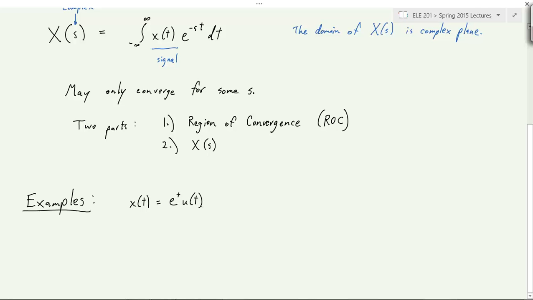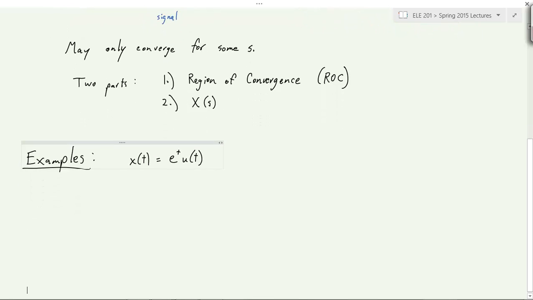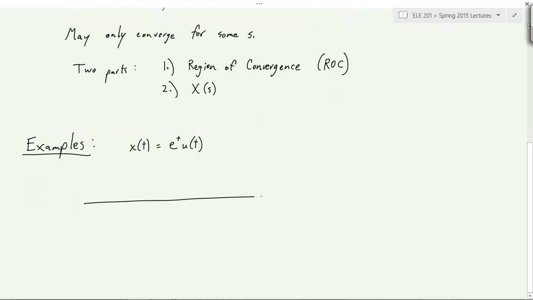What is this? You probably have already done the Fourier transform of a signal like this, for example u of t e to the negative t. I believe somewhere along the line, maybe in a problem set, you've done that Fourier transform. But here there's a difference. I have e to the positive t.